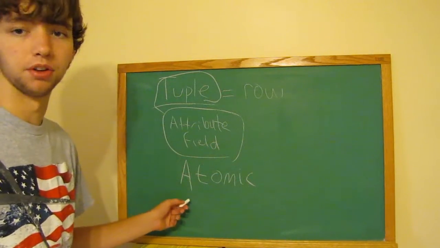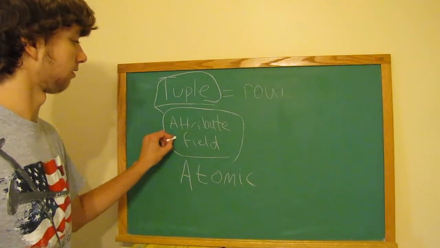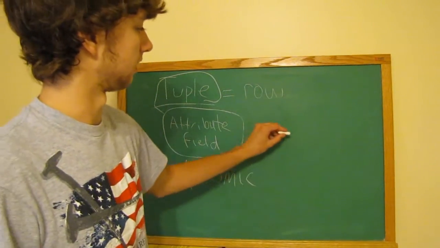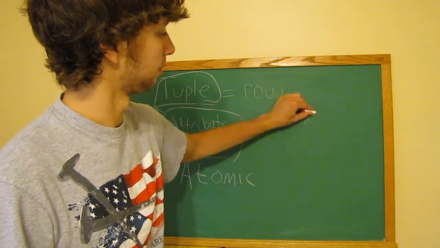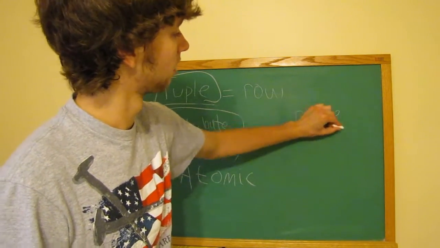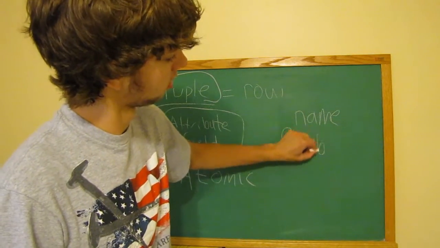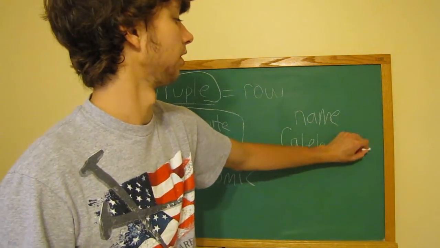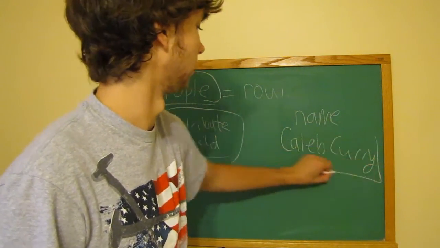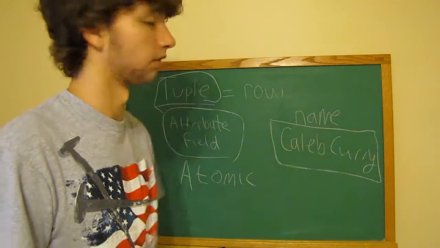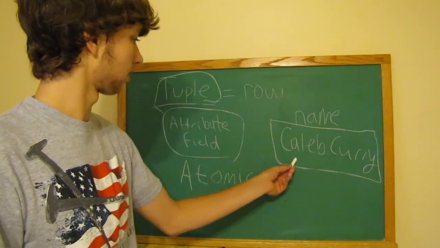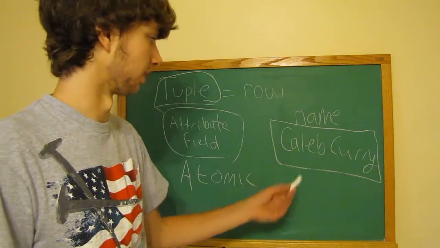Now what is atomic? Let's say you have a field and it is name, and you put Caleb Curry in that field like that. Now this is not atomic.